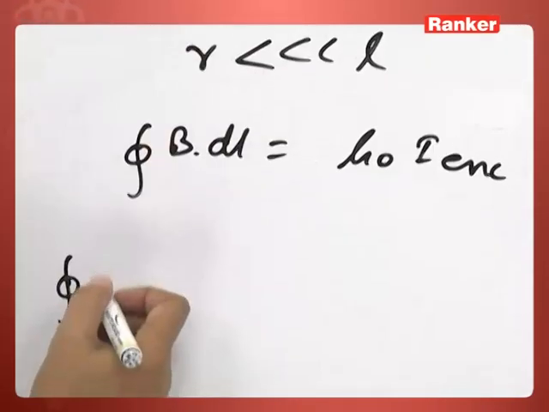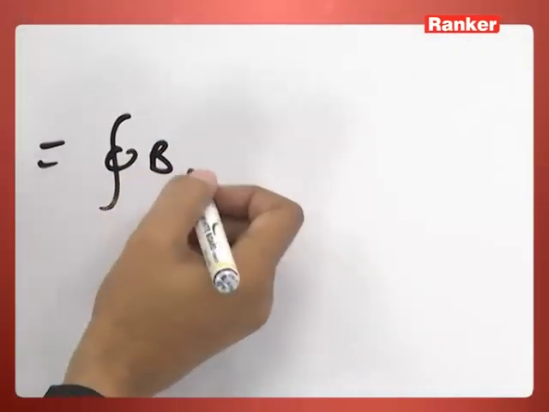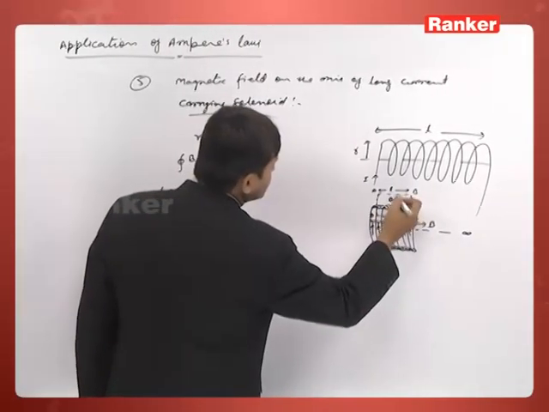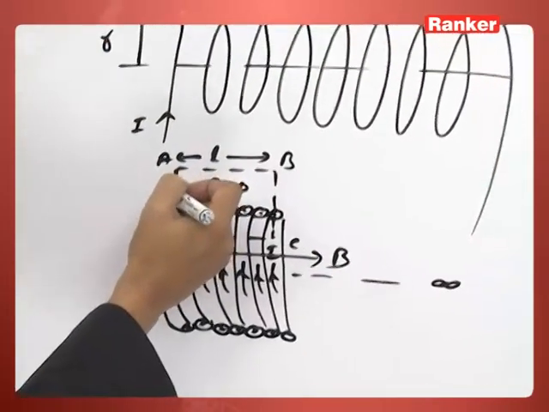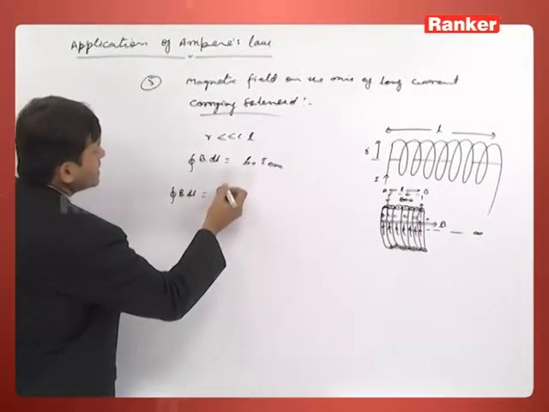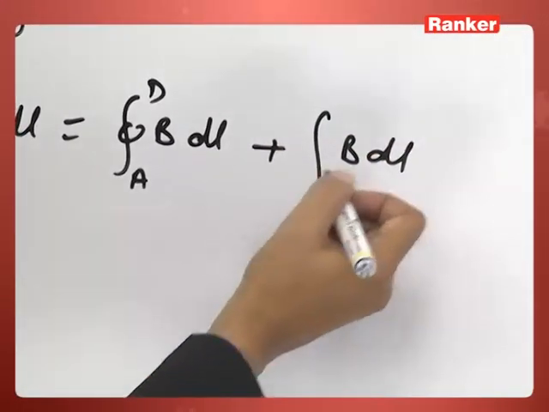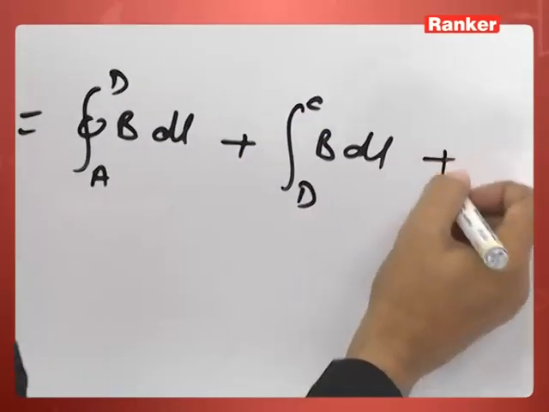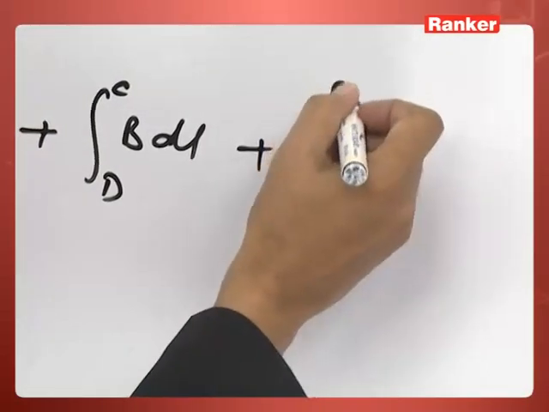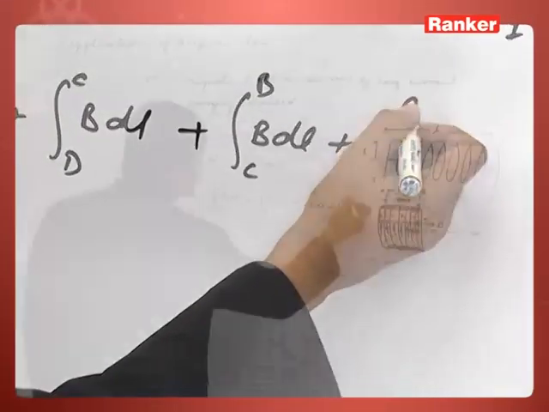So when we are calculating the total B dot dl, that is nothing but B dot dl from A to D, let's say we are moving in this manner, then B dot dl from D to C, then B dot dl from C to B, then again B dot dl from B to A.